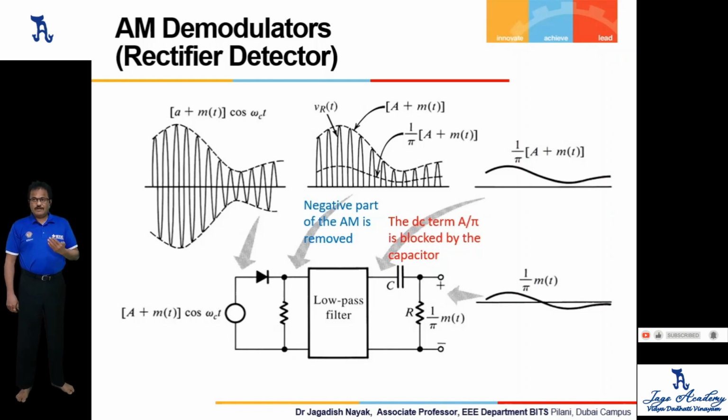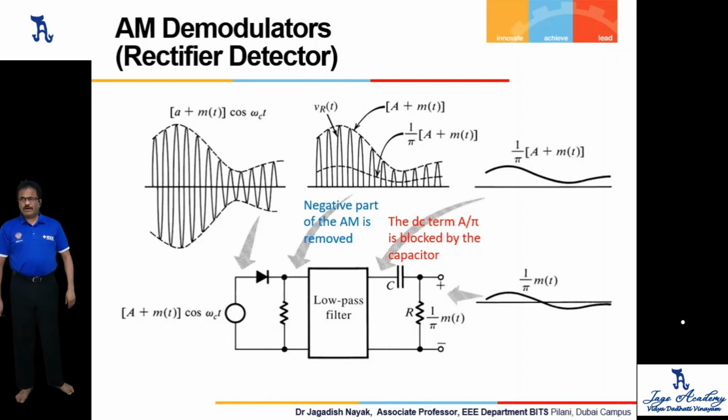It will pass only positive half cycle, but it will suppress all negative half cycle, which you can see from this figure. Now what we got after the diode is only positive half cycle of the amplitude modulated wave, right?